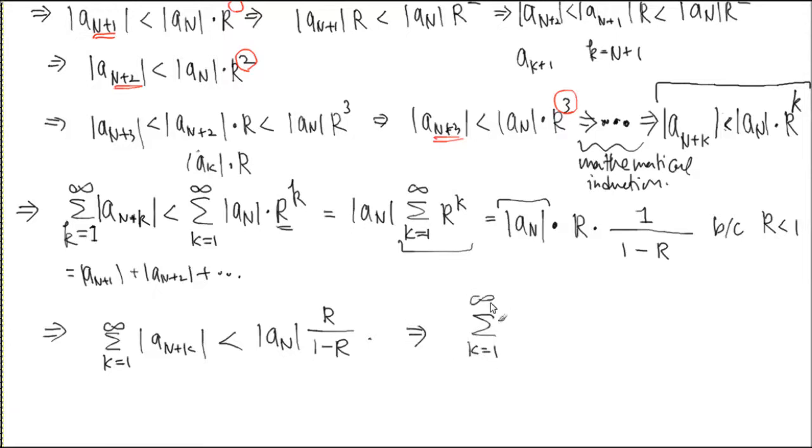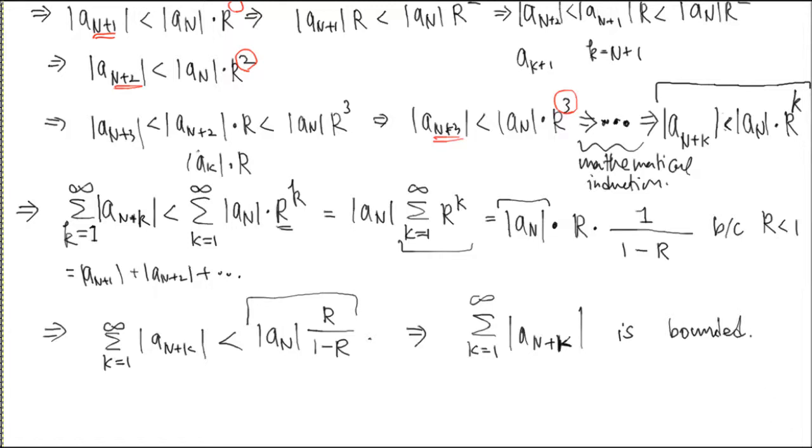Is this infinite series bounded or monotone? It's bounded. r is fixed, and a_N is something we just chose, so it's definitely bounded.